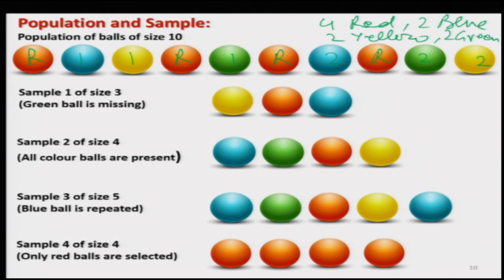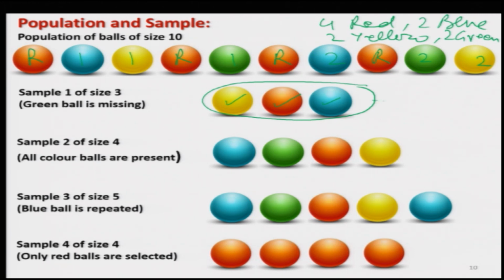So, now I try to choose 3 balls from this population. Suppose I get this yellow ball, red ball, and blue ball. Do you think that this sample of 3 balls is representative? You can see here that we have 4 characteristics in the balls. They are the colors red, blue, yellow, and green.